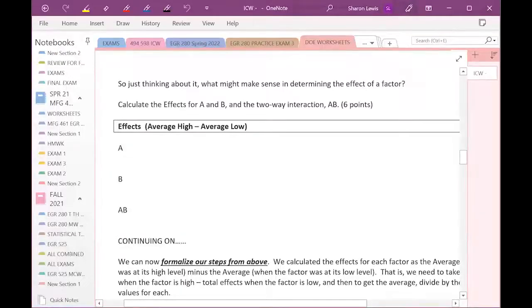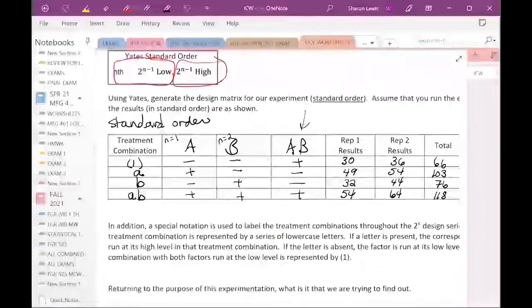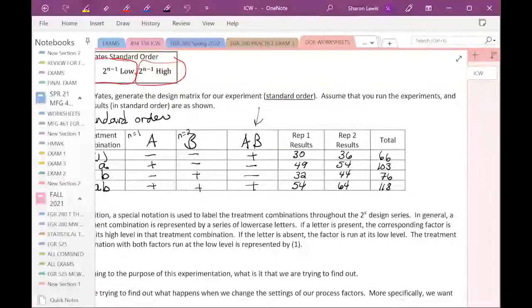So looking at the results for A, let me go back to showing you. Here's our total. Let's look at the total when A was high. A is high here and A is high here. So I'm going to say 103, 118, and then A was low.